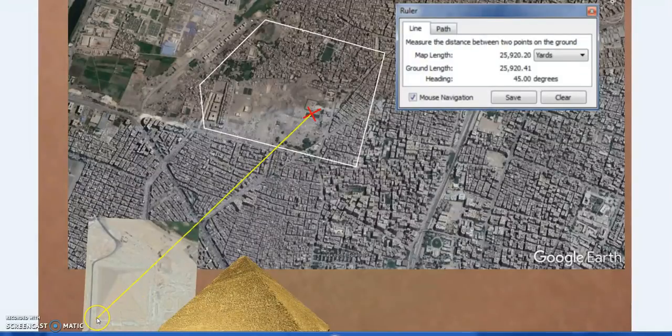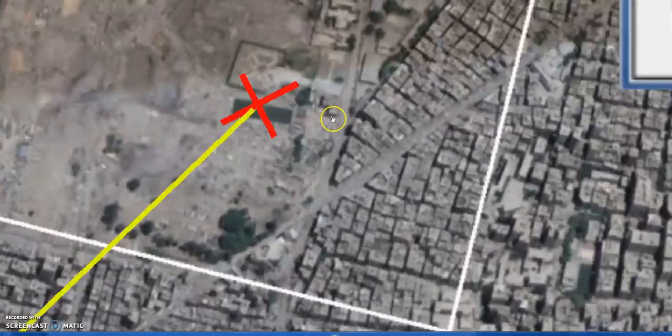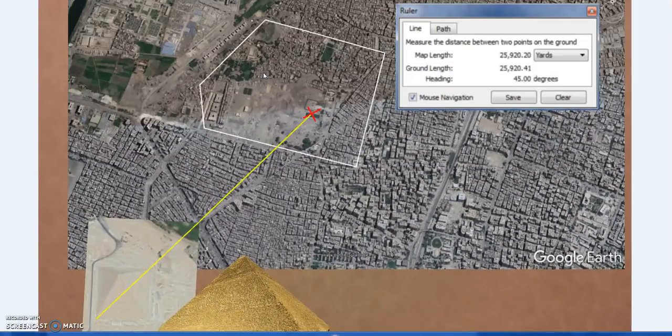So if I measure from that corner, crossing through the astronomy corner, the northeast corner, and I carry that line through to Heliopolis at 25,920 yards, what do we have? We hit this point here, which is just next to the obelisk of Senusret the First.